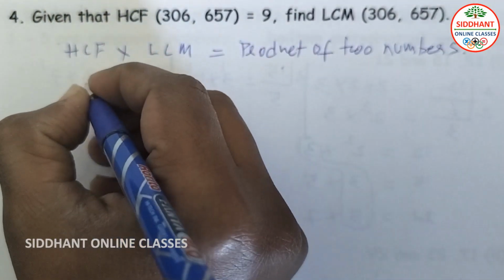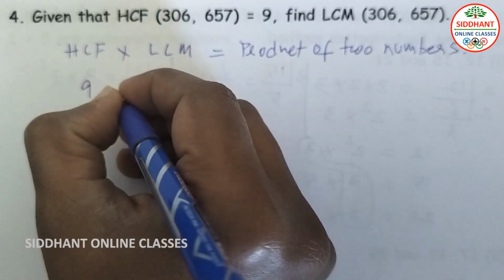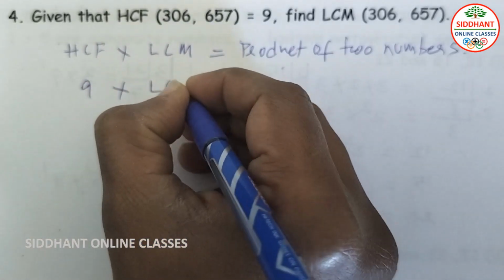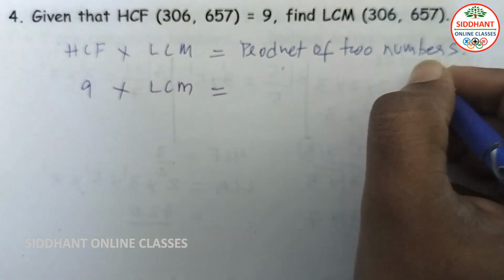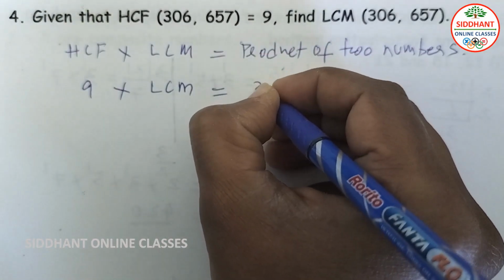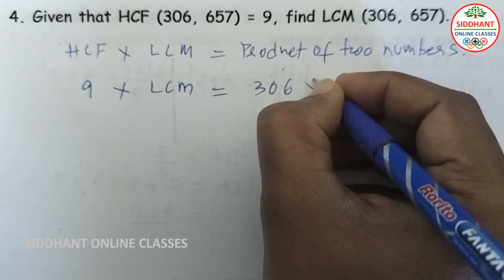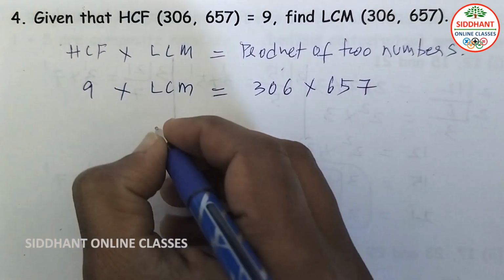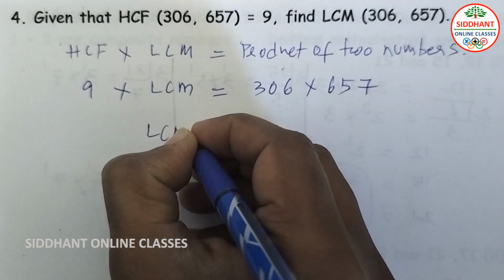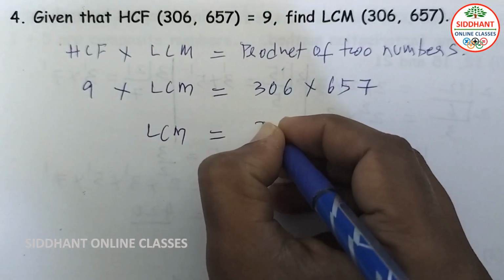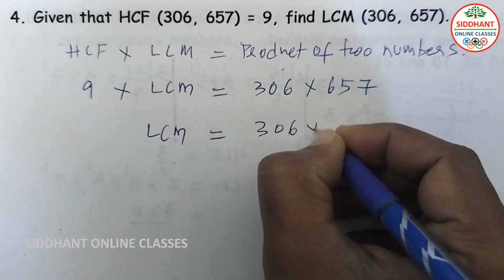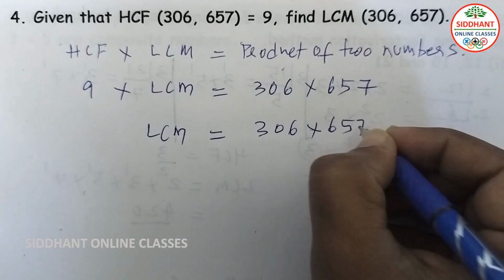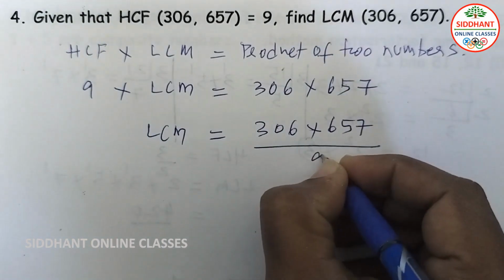So in the given data, HCF is given, which is 9, and the LCM we are going to find out. The product of the two numbers is 306 and 657. So by simplification, LCM equals 306 into 657 by 9.